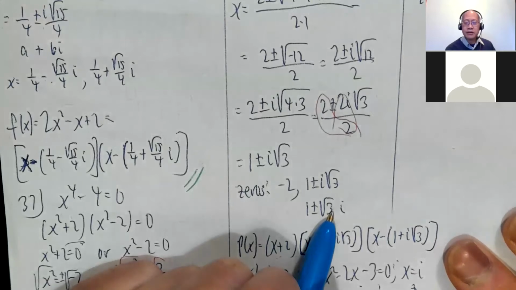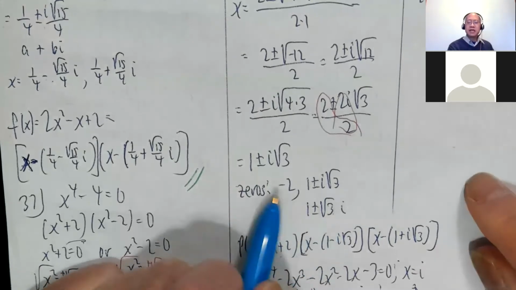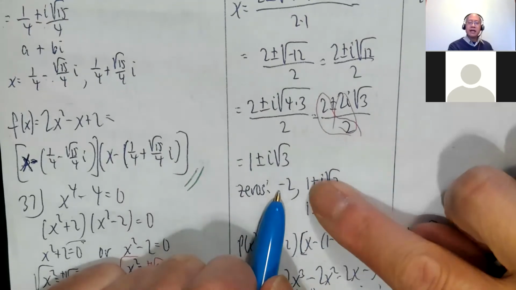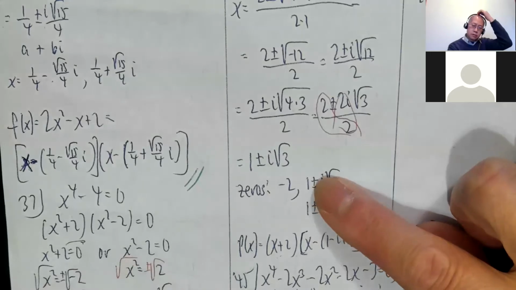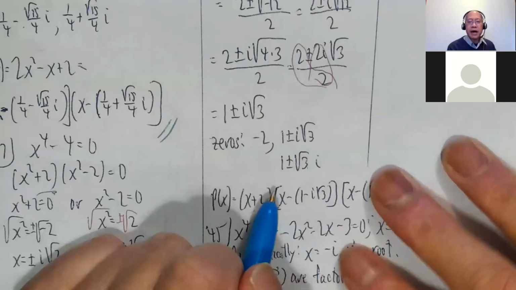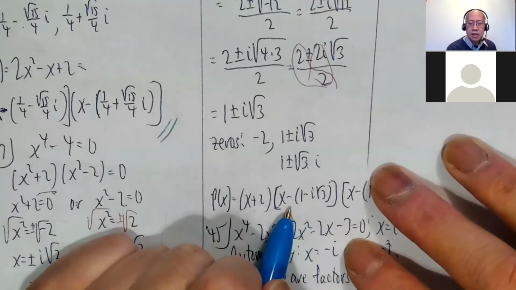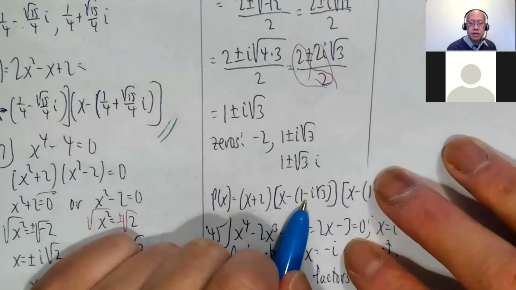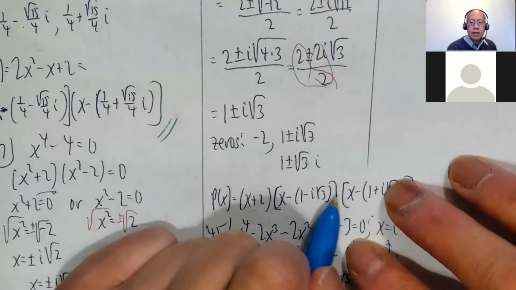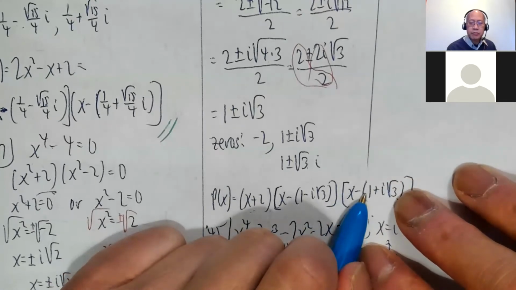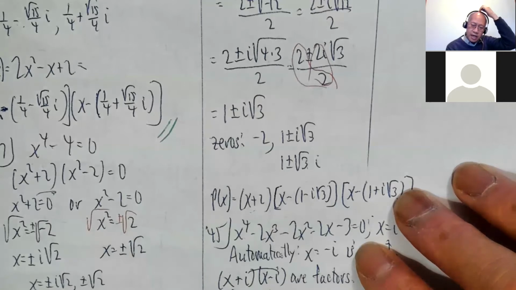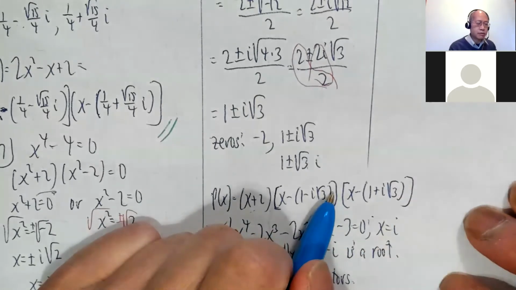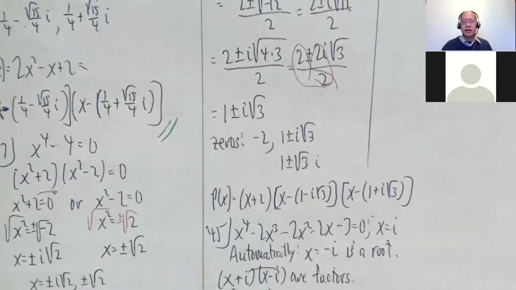What are the factors? You just go x minus each of these. So x minus a -2, x plus 2. x minus parentheses 1 minus i radical 3. And then x minus parentheses 1 plus i radical 3. You could work this out if you wanted to, but I don't think you want to. So you just leave it like that.